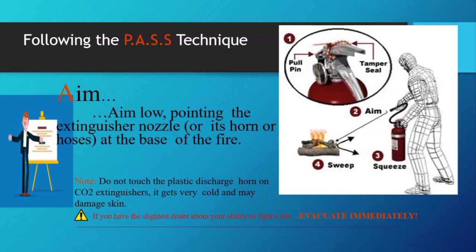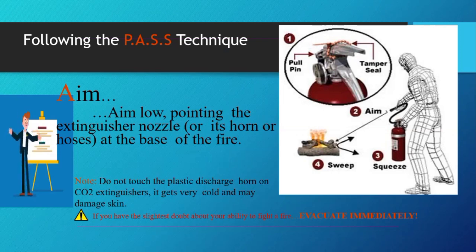You have to extinguish where the source of fuel is coming from. When you only aim at the top of the fire or the flame, you cannot extinguish the fire, because there is still the source of fuel.